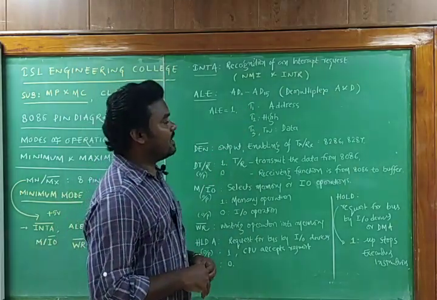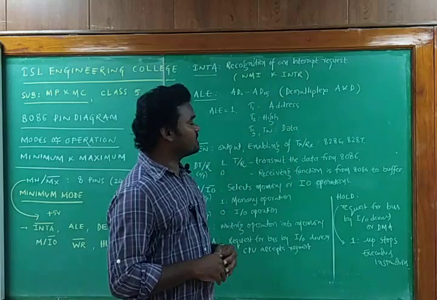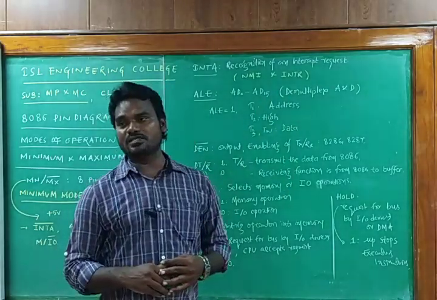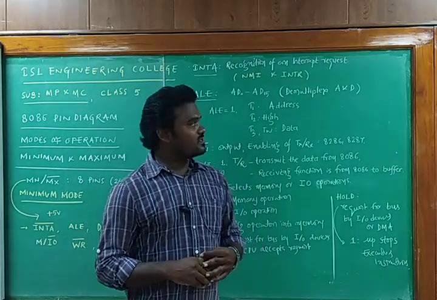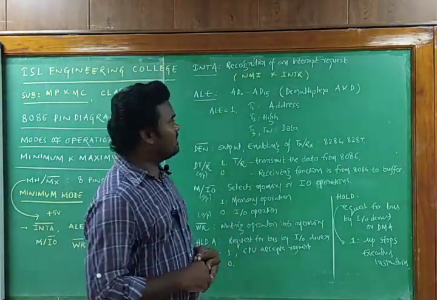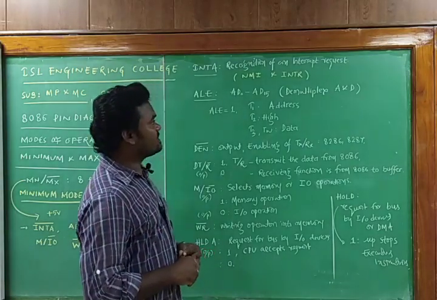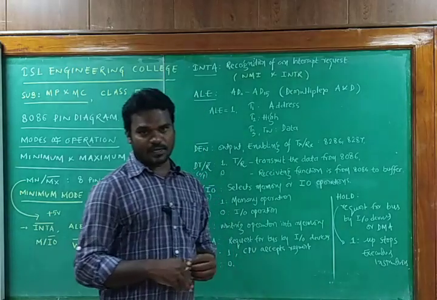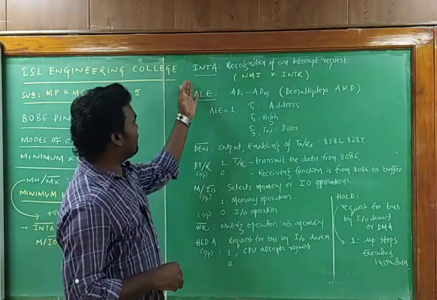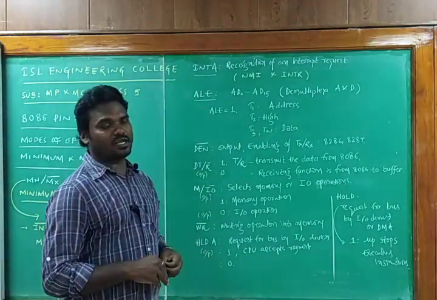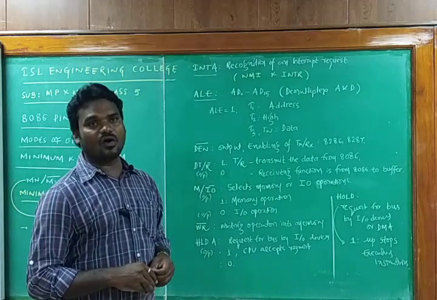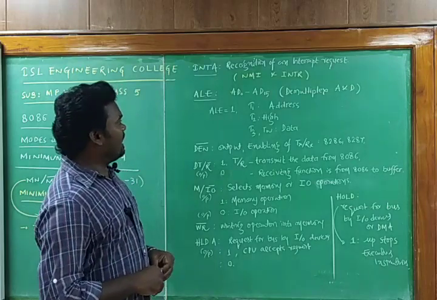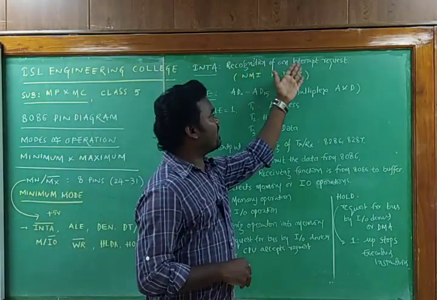Whereas the maskable interrupt can be enabled and disabled by some instructions. A set instruction is used to enable that interrupt, and a clear instruction is used to disable that particular interrupt signal. So interrupt acknowledge is an output signal from the 8086 microprocessor which indicates the recognition of an interrupt signal.